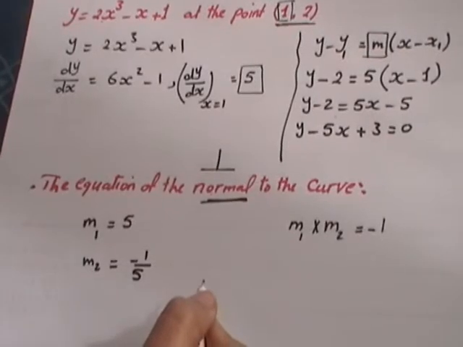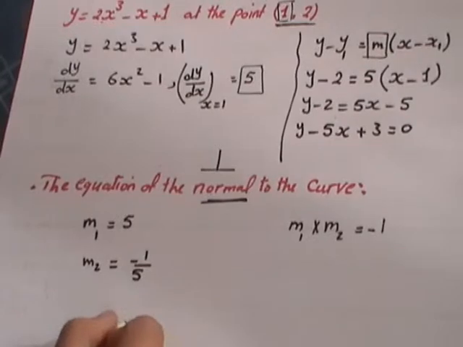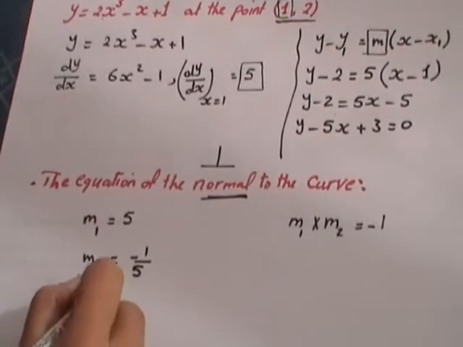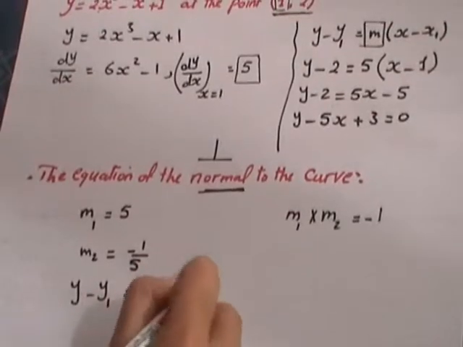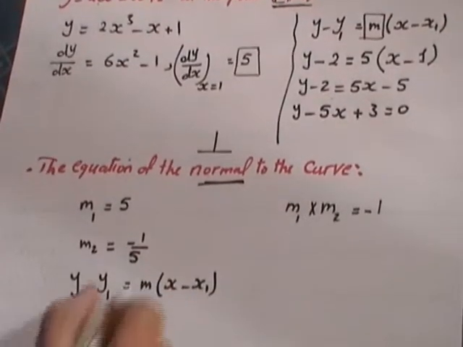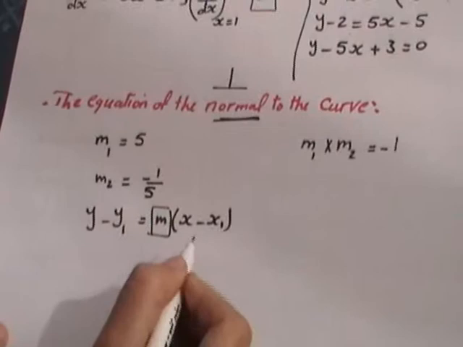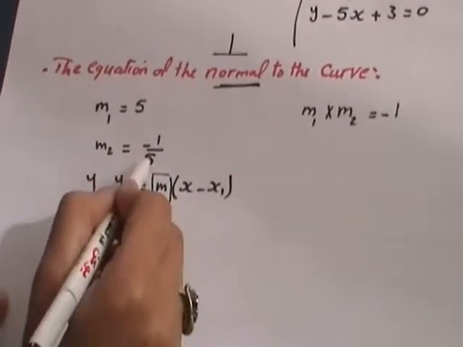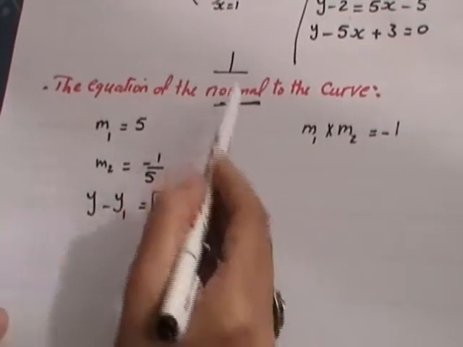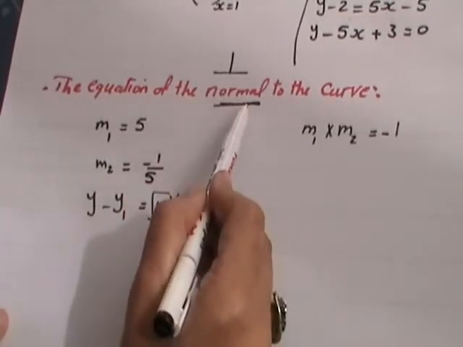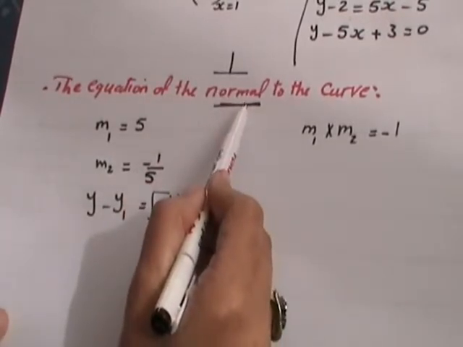Okay? Now we form the equation by taking the general form of the equation of a straight line, which is y minus y1 equals m times x minus x1. We take the slope m. Which one of them, 5 or -1 over 5? We take -1 over 5. Why? Because I am asked about the equation which is normal to the curve, normal meaning perpendicular to the tangent.